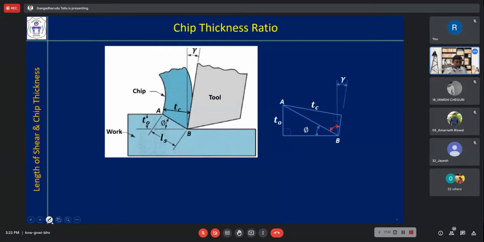Now if you see this carefully, what is this angle from here to here? I think all of you can say this angle. In terms of phi, gamma, what will be this angle?